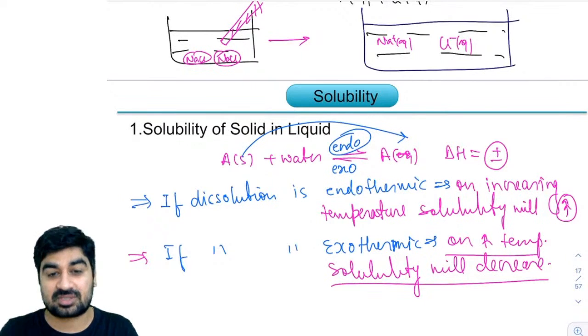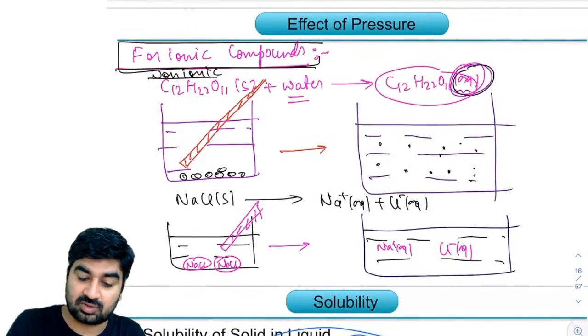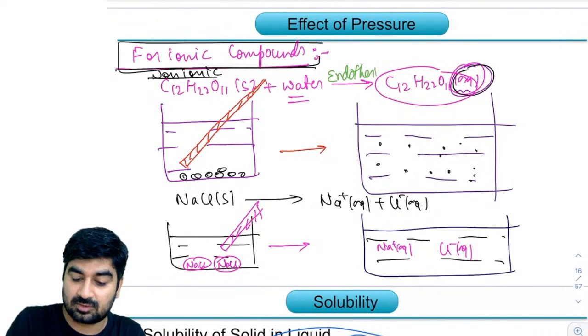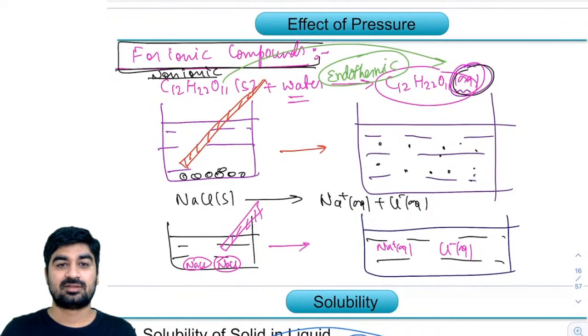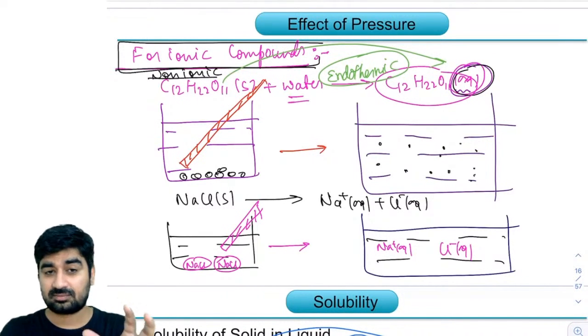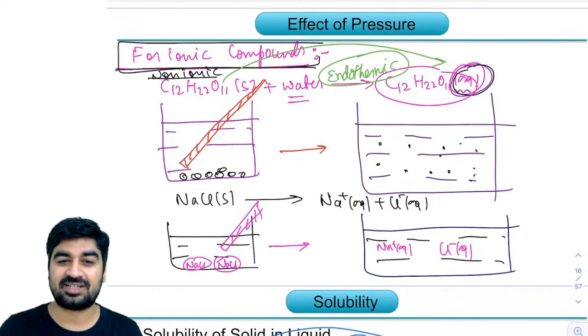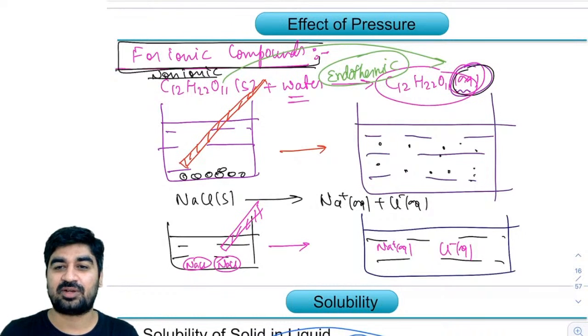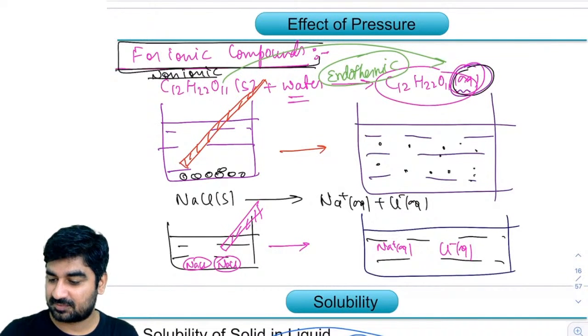Why? Because dissolution of sugar in water is endothermic, so increasing the temperature favors it. If it had been exothermic, then on increasing temperature, solubility would have been reduced.